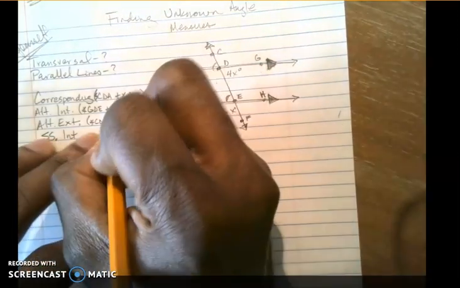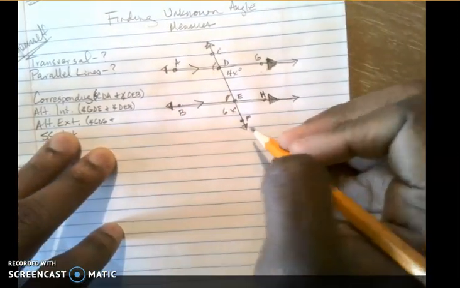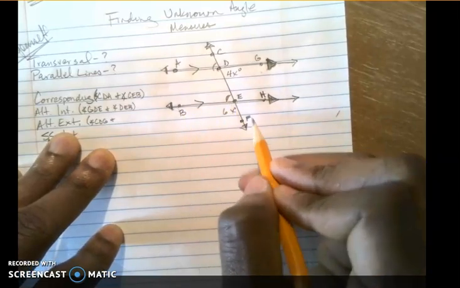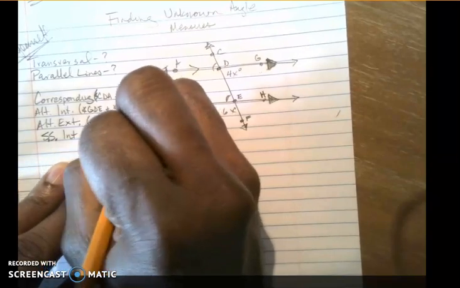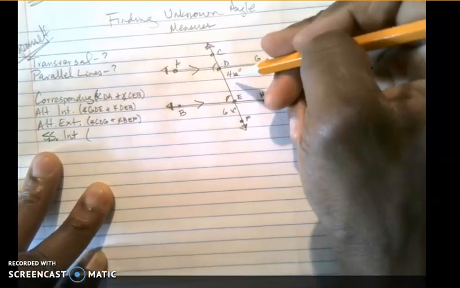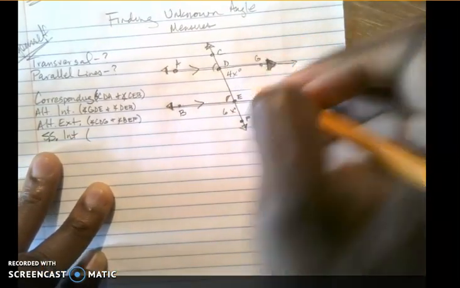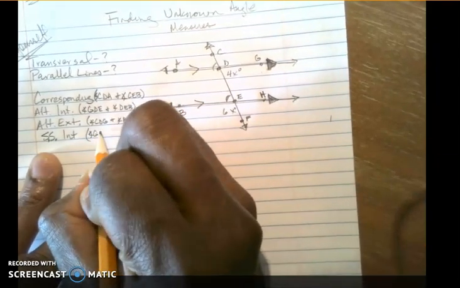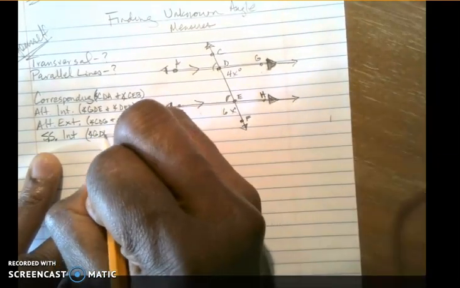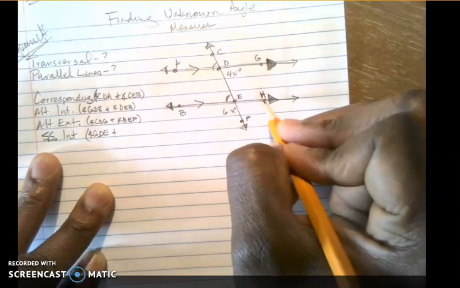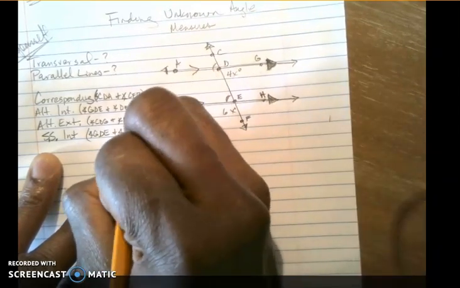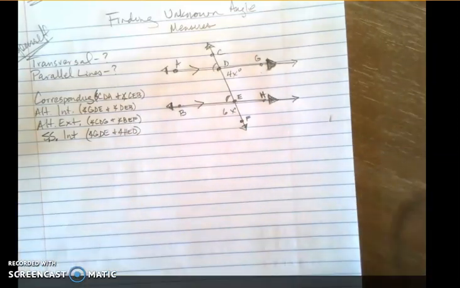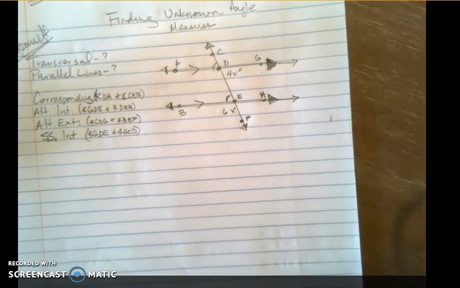Mistakes happen. Teachers make mistakes too. Okay, so I'm going to call this angle BEF. Same side interior, I'm going to say that these two, angle GDE and angle HED, are same side interior.